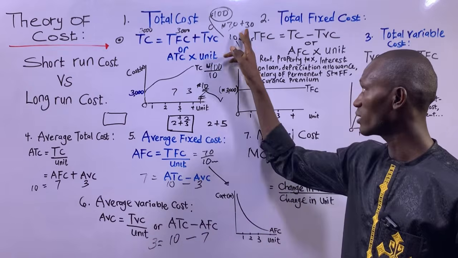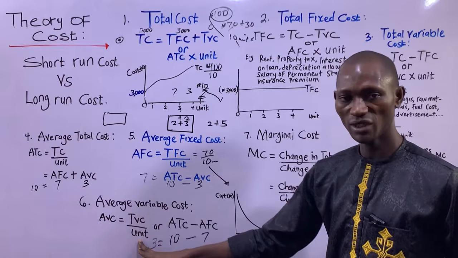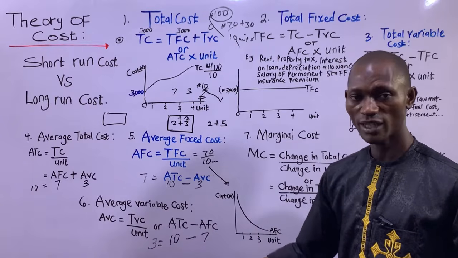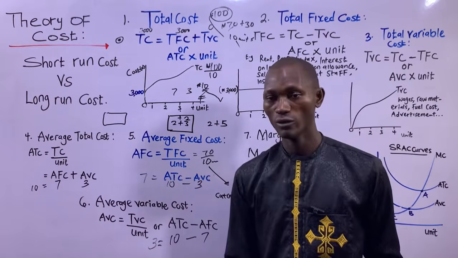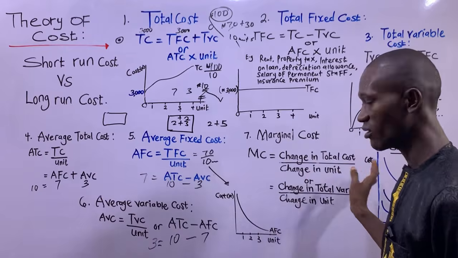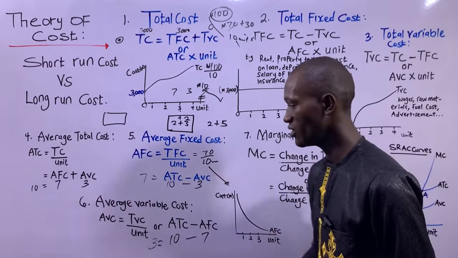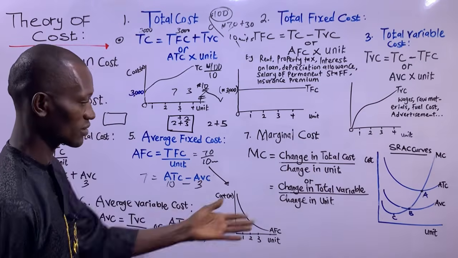And if you want to go by total, that's 30 divided by 10, that gives us 3. That's what we have. So this is for the various average cost curves. And we are going to be looking at the diagrammatical representation of all these average cost curves here.